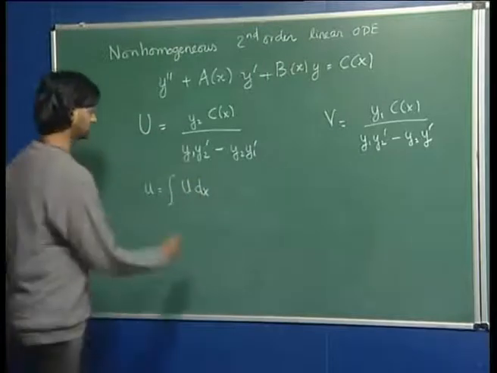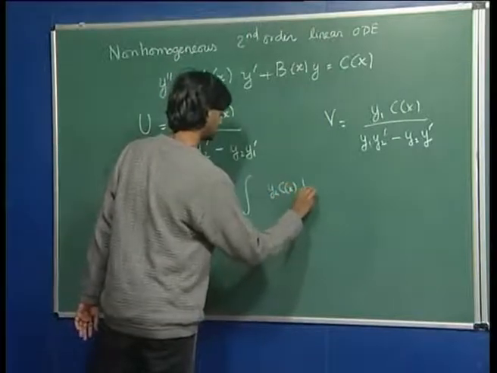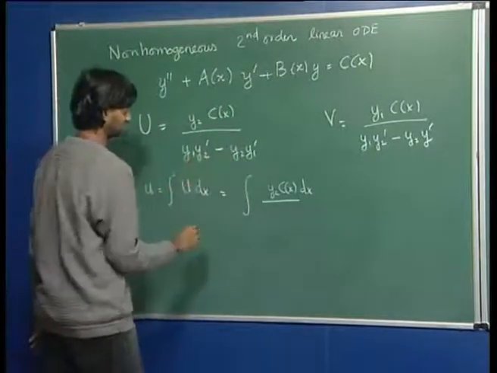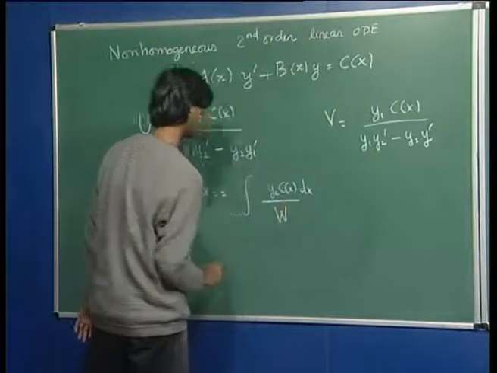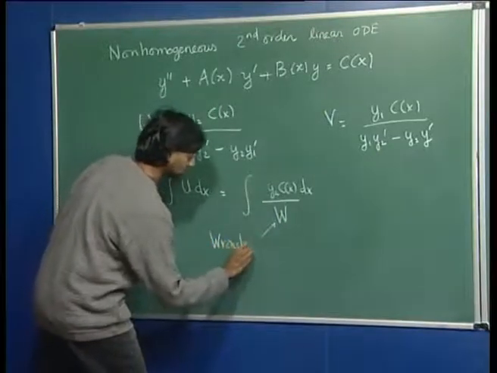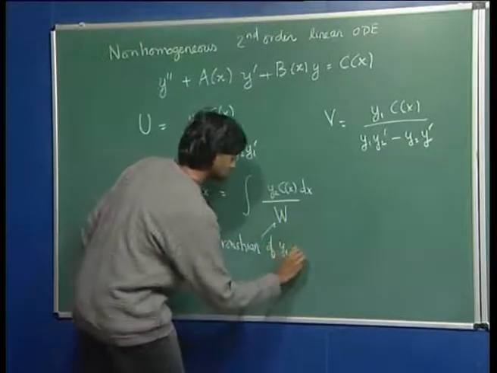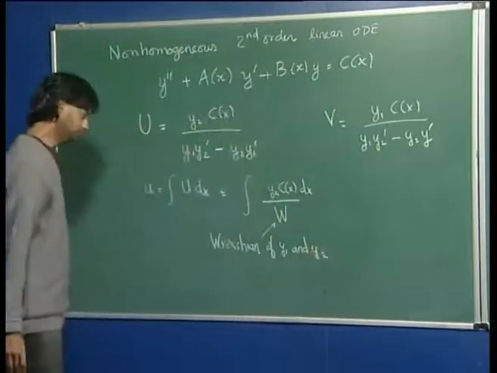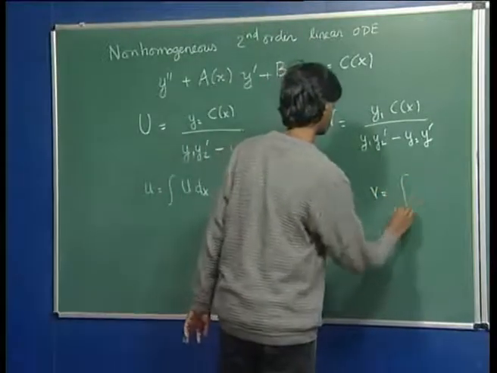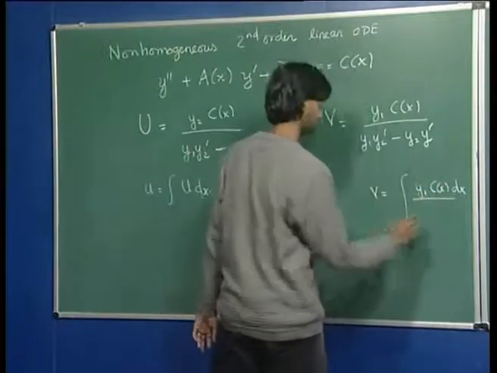And if you integrate this, what you will get is integral of y2 C of x dx divided by w, and this quantity y1 y2 prime minus y2 prime y1 is called the Wronskian W. So, W is called the Wronskian of y1 and y2. And v is equal to integral y1 C of x dx divided by W.